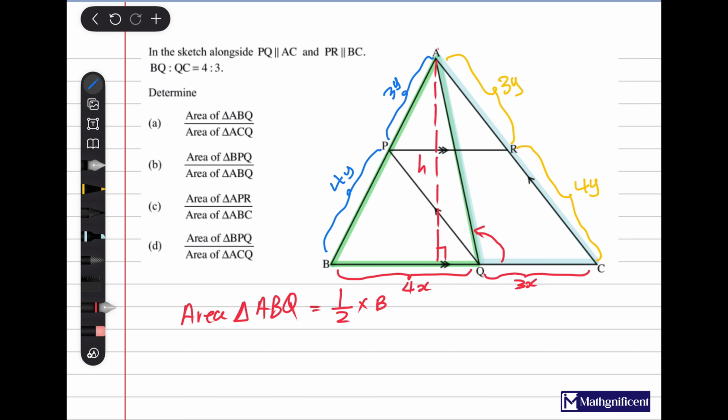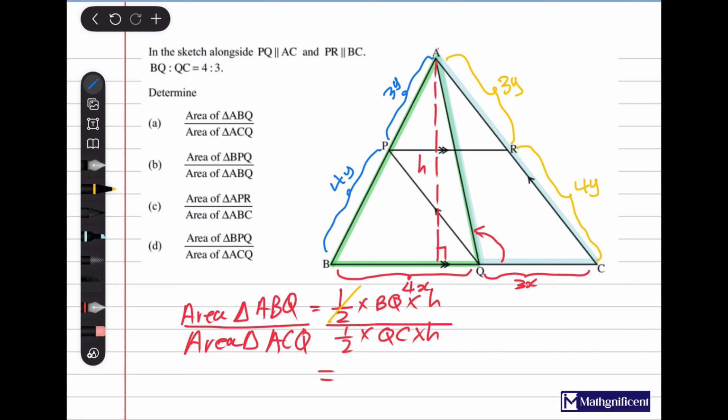The base is BQ, and our height is going to be H. Then all over this, we have the area of triangle ACQ, which is half times QC times the height.